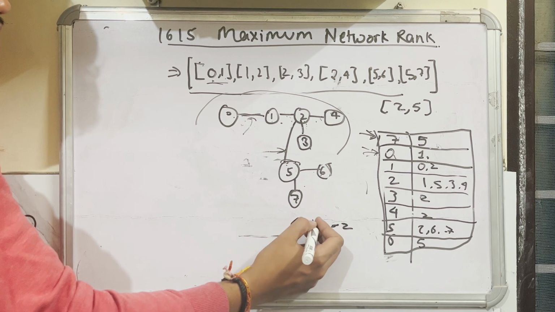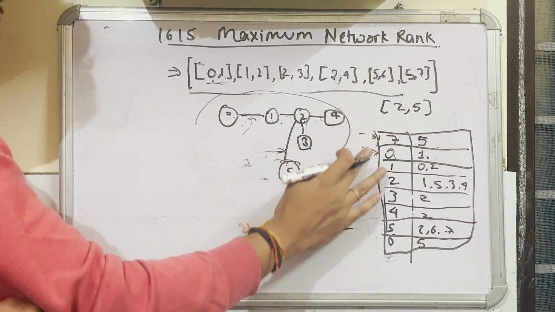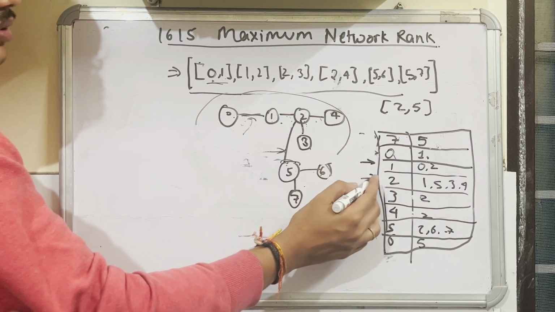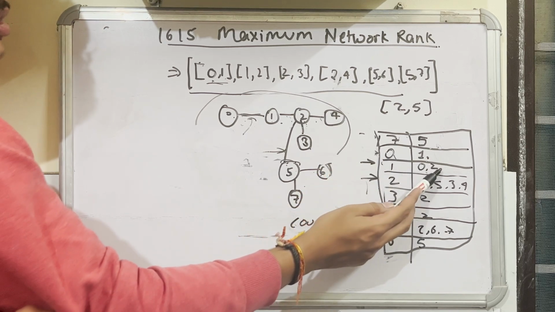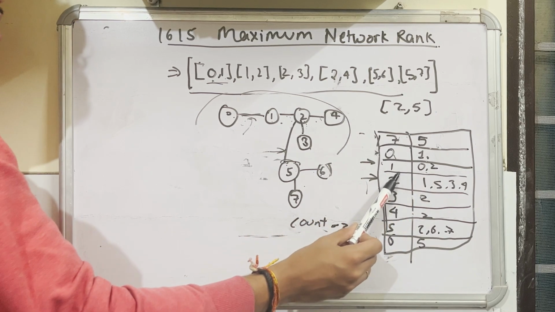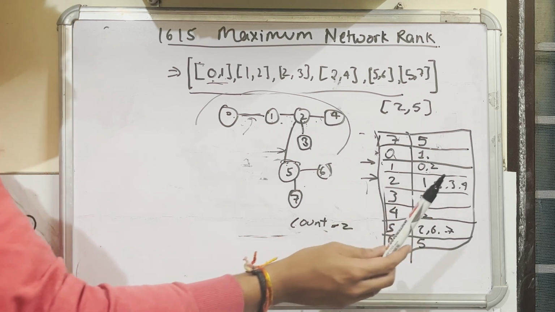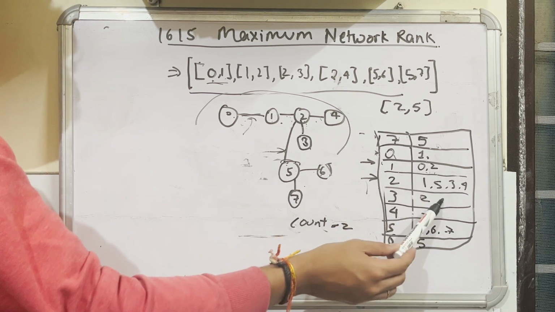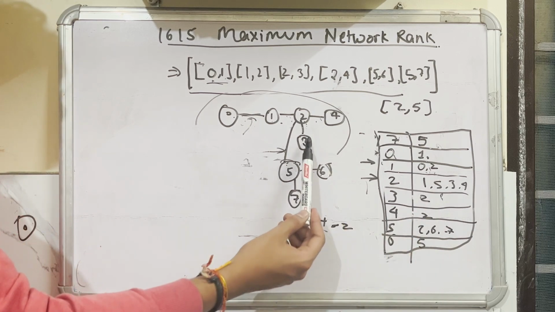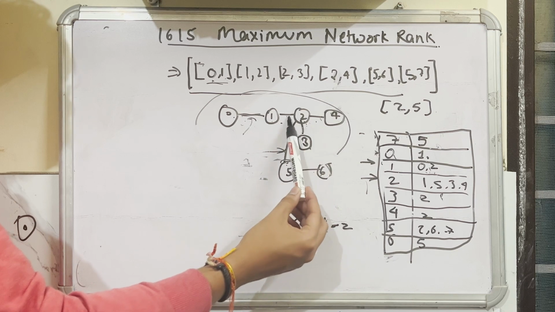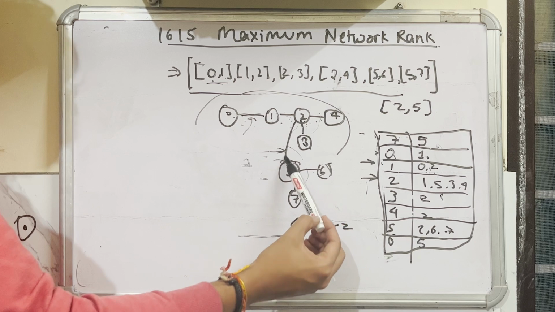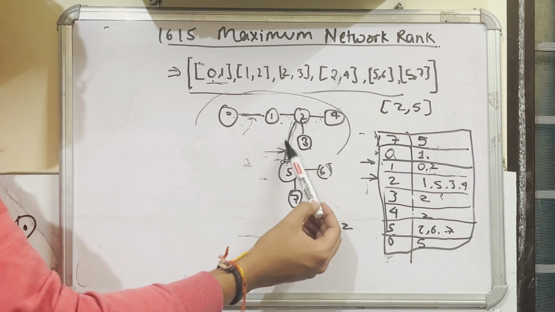Let me write here. Similarly, if we chose cities 1 and 2, 1 is having 0 and 2, and then you'll check if 2 exists in 1. Yes, 2 exists in 1. So you'll sum up the counts of these two cities, and you'll subtract 1. Why are you subtracting 1? As I told, 2 is having these 4 cities, 5 is having these 3 cities, but this road is common, so you will just count it once.